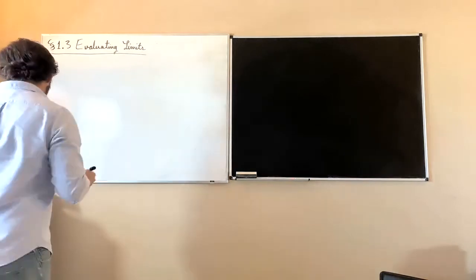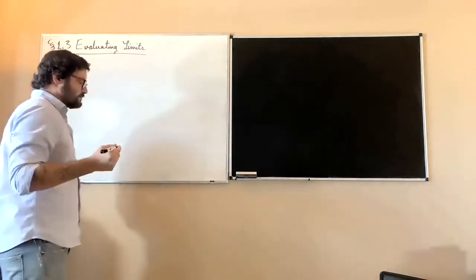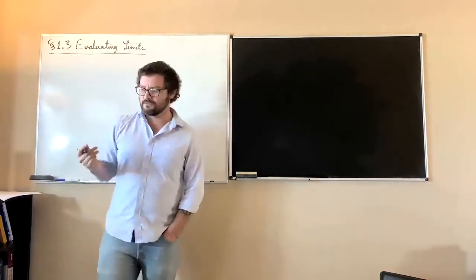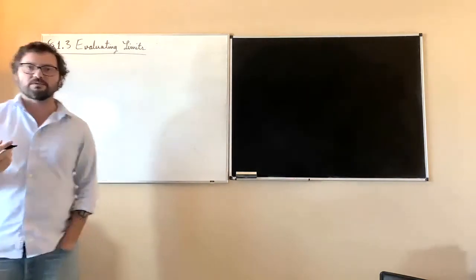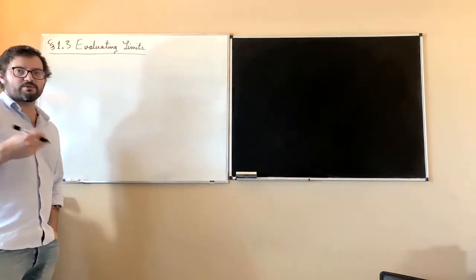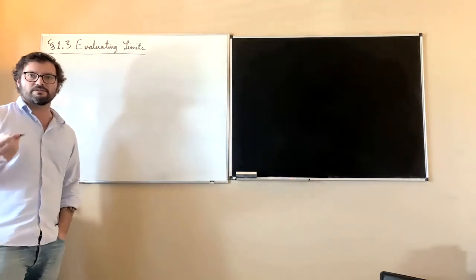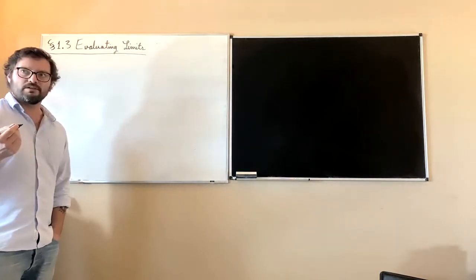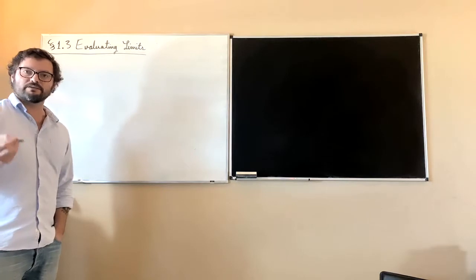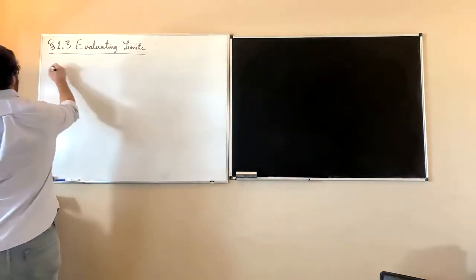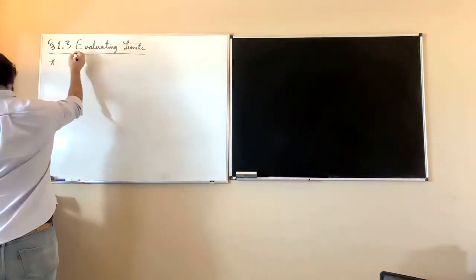Okay, so in the last lecture, we observed that the behavior of the limit of a function as x approaches c doesn't necessarily depend on the function's value at x equals c. So let's just start by recalling that.